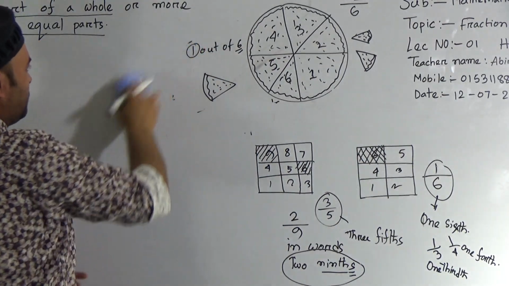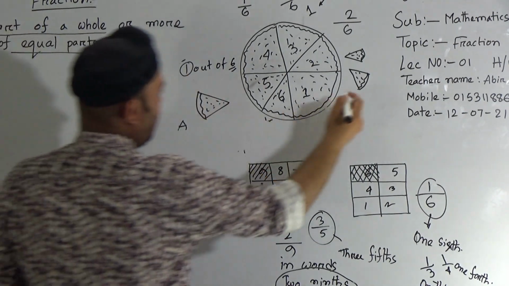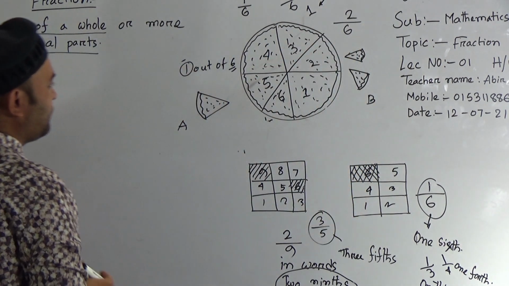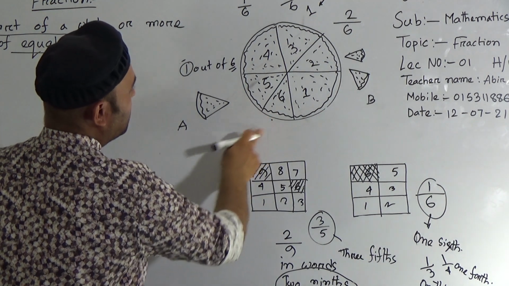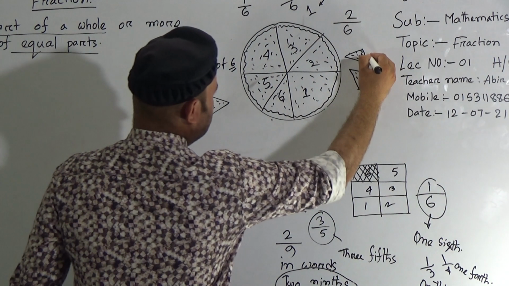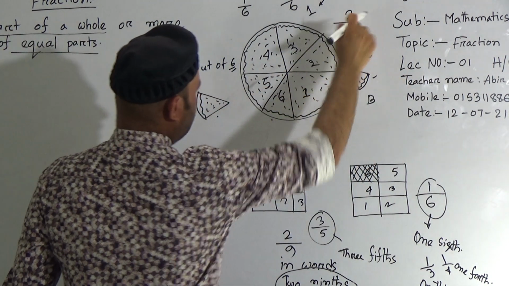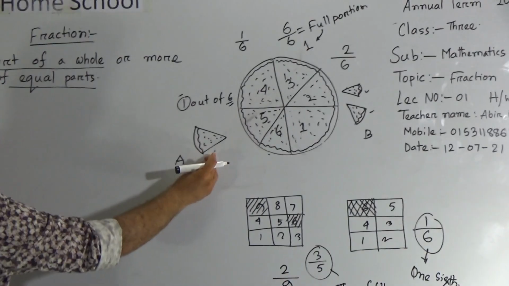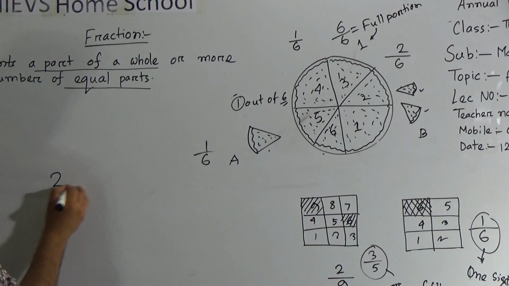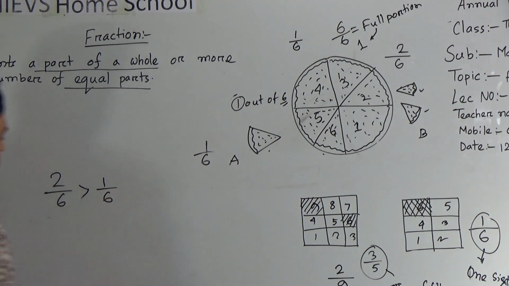Boys, look here. Suppose Mr. A takes 1 part out of 6 and Mr. B takes 2 parts out of 6. Can you say who has taken the more portion? We can see here is 2 portions and here is 1 portion. So 2/6 is greater than 1/6.